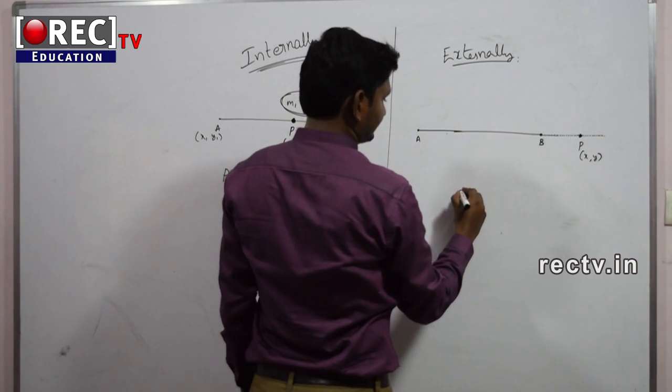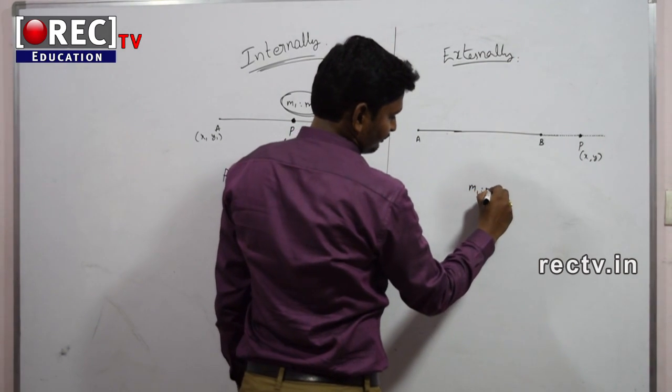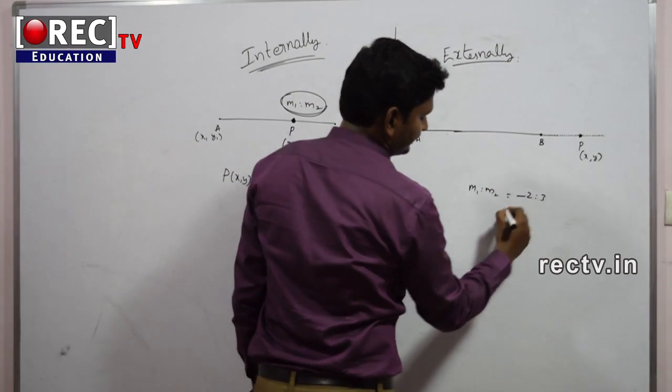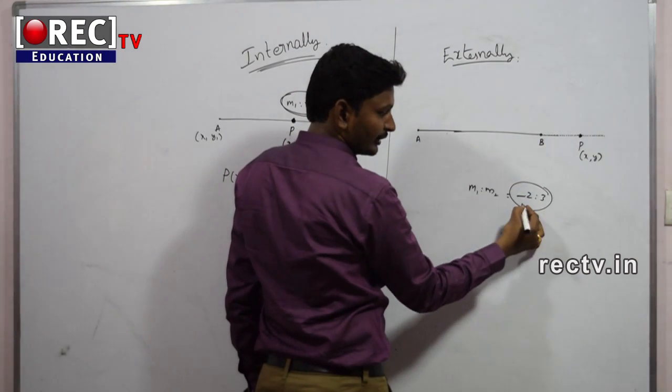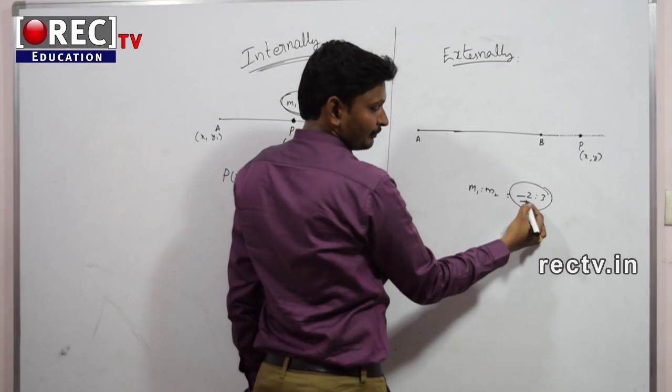If you consider m1:m2 equal to -2:3, we get a negative symbol in the ratio.